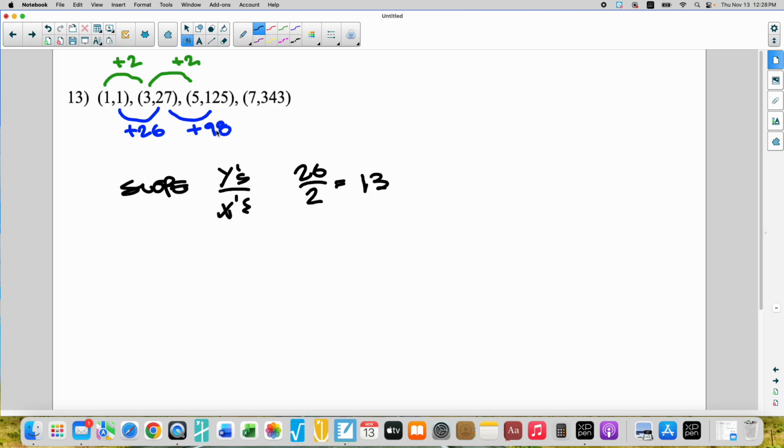Let's do the slope between this. This would be 98 over 2, which is 49. Yes? 9 9 is 18. Yep.